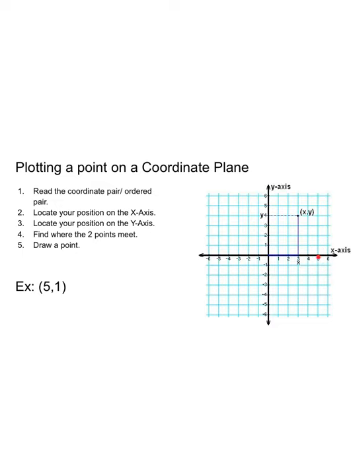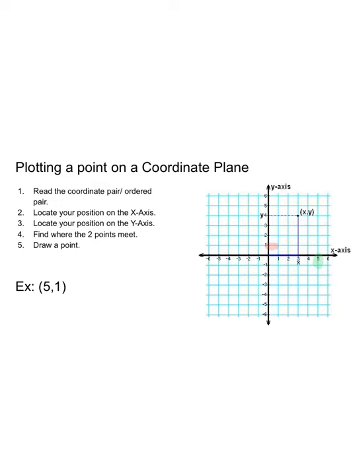Okay. And I'm going to mark that because usually I would use both fingers, but that's a little hard to show on my iPad. So I'm just going to highlight that little 5 there. That's where I'm going to be on my x-axis. And then I'm going to locate my position on the y-axis. So I'm supposed to be at 1 on the y-axis, and I can see that position right there.